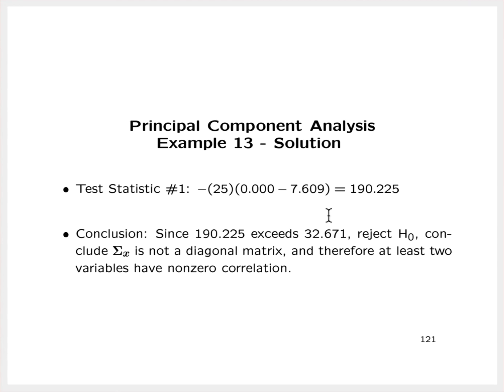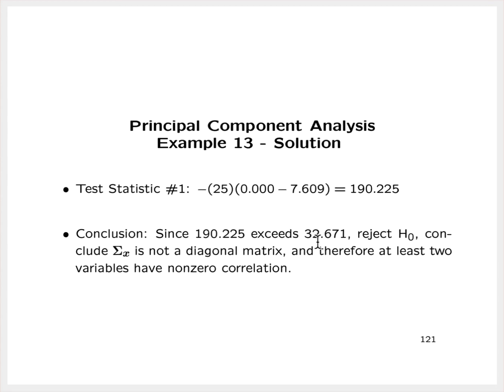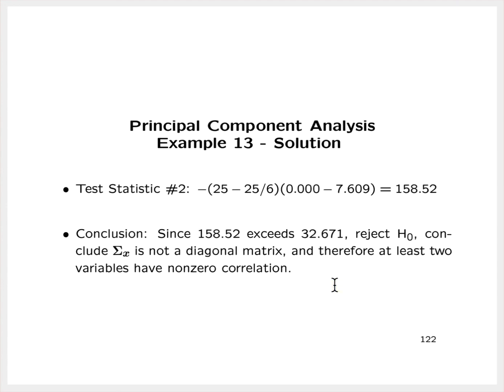Since that is greater than 32.671, we would reject the null hypothesis, conclude that the alternative is true, and therefore conclude that at least 2 of the variables have a non-zero correlation. If we use the second version of the test statistic, we get a slightly smaller value, 158.52, but it's still quite a bit larger than the critical point, so we would come to the same conclusion.